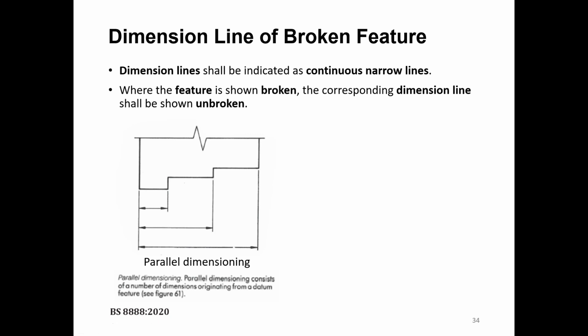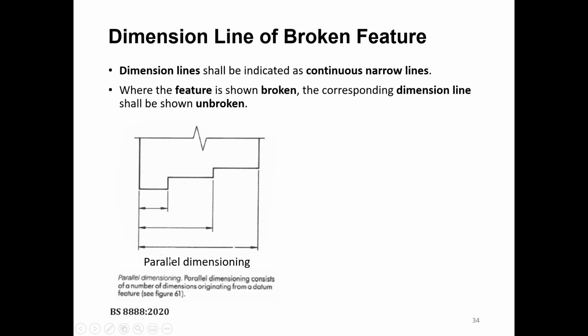It's just continuous, the distance from here to here doesn't change. So instead of showing this very long component on the sheet of paper, we just use this broken line. But in this case, the dimension lines themselves are unbroken. They are just solid narrow lines as usual, and you add the real dimension here.